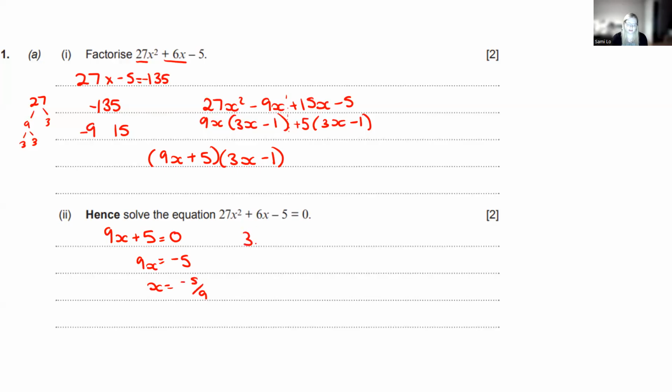Same here. 3x minus 1 equals 0, so I know 3x is 1, so x is a third, which you can do using the method just by visually, but it's good just to double check.